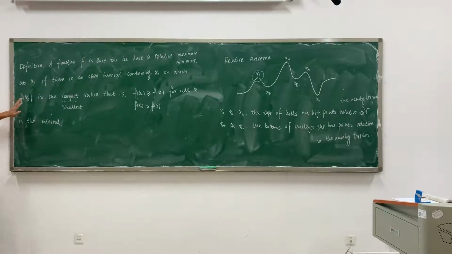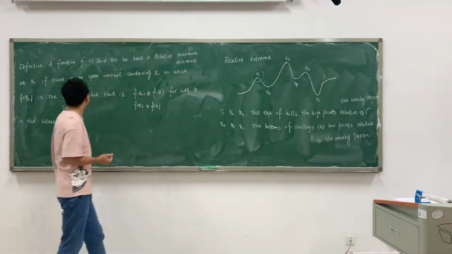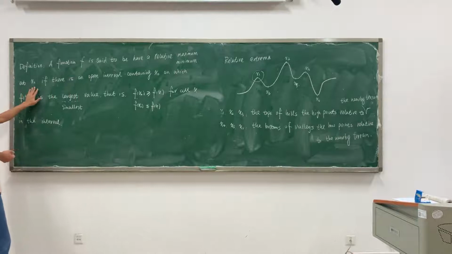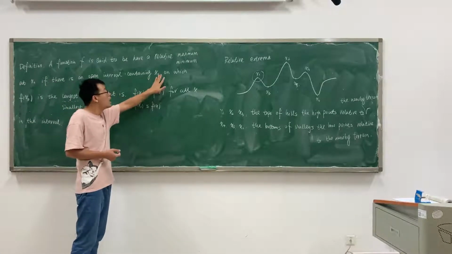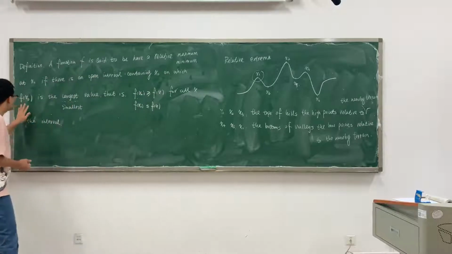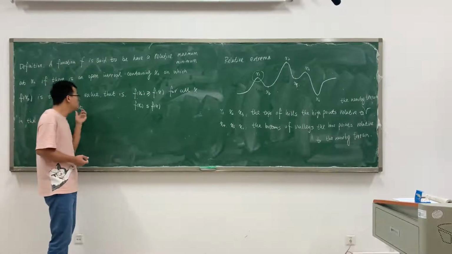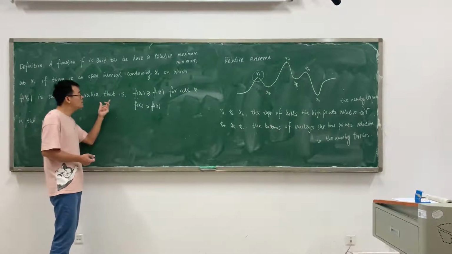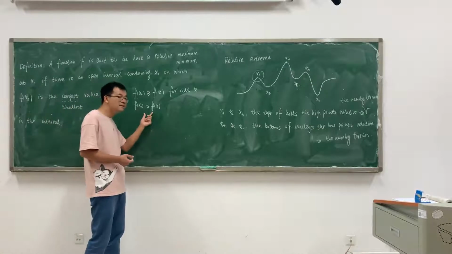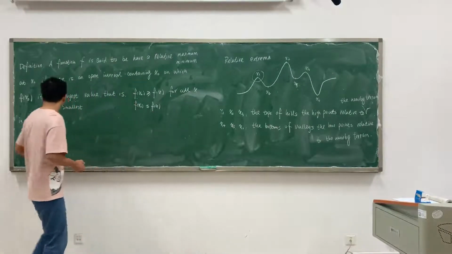It's the same for the relative minimum. A function f is said to have a relative minimum at x0 if there is an open interval containing x0 on which f(x0) is the smallest value, that is f(x0) is less than or equal to f(x) for all x in the interval.